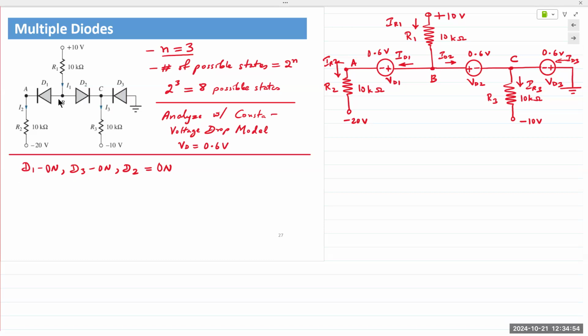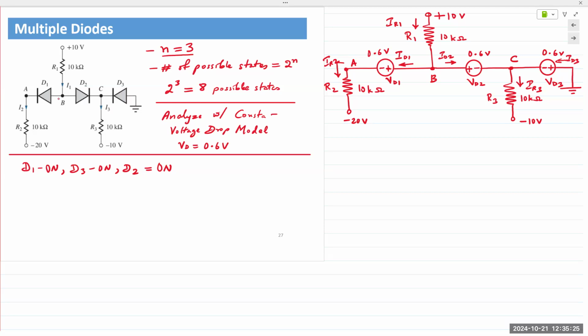Now, if I take a look at diodes D1, D2, and D3, if I pick, let's say, out of the 8 possible states, the 5th state, meaning diode D1 is on, D2 is off, and D3 is on, I might go through like 4 different analyses before I come to the right answer. If the right answer is the 8th possible state, I might have run through 7 different analyses before I choose the right one. So again, we don't want to do that.